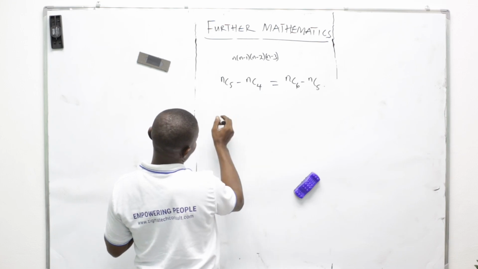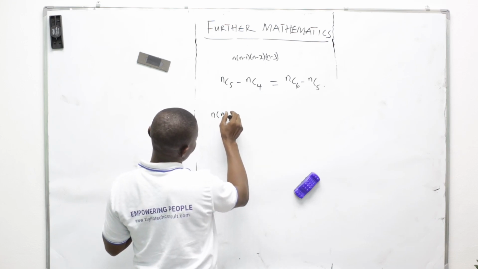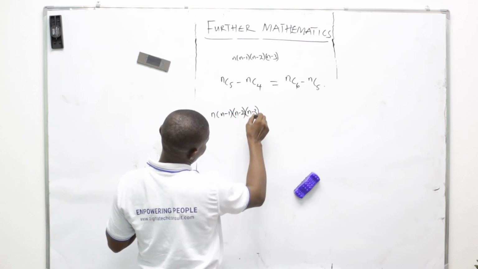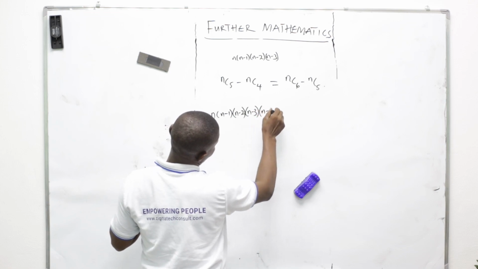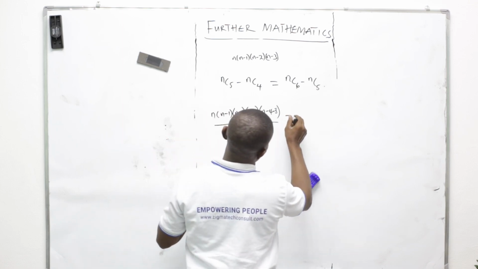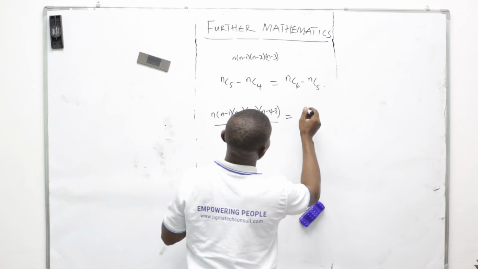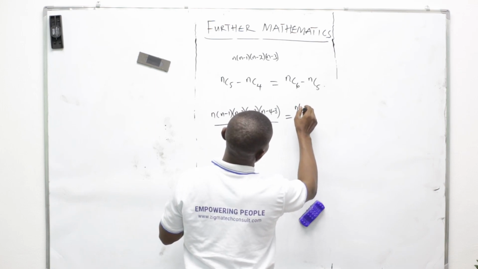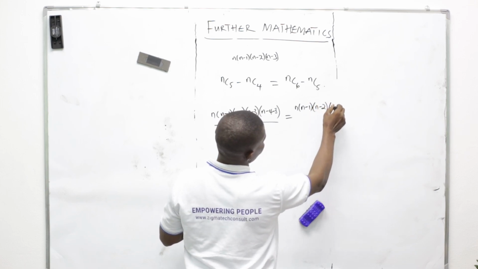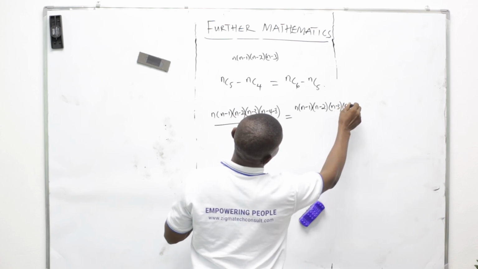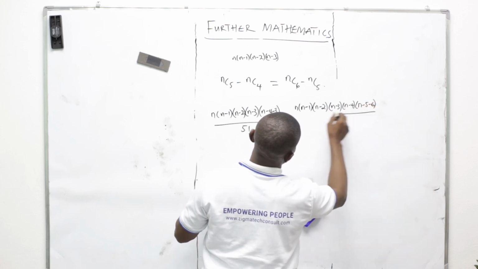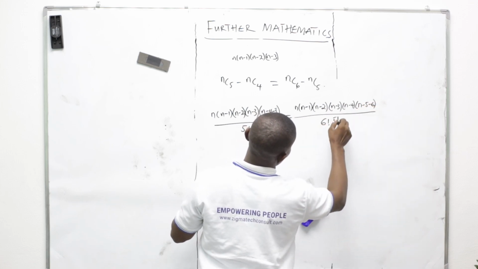When you simplify, n into n minus 1, minus 2, minus 3, n minus 4, minus 5 all over 5 factorial. Then over here, n minus 1 into n minus 2, n minus 3, n minus 4 into n minus 5, minus 6, all over 6 factorial, 5 factorial.